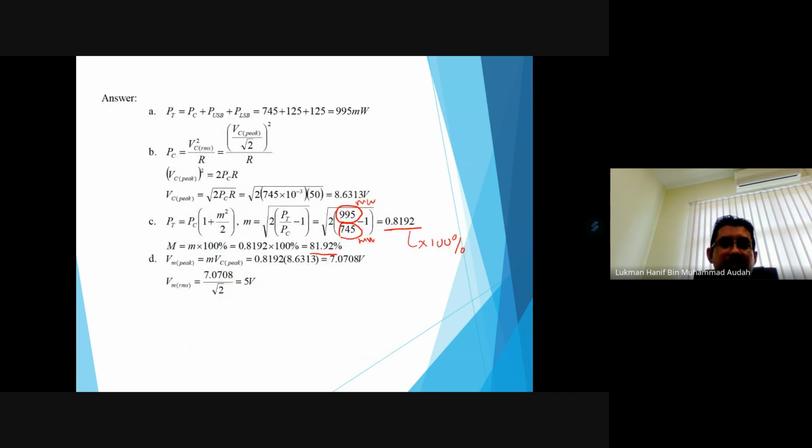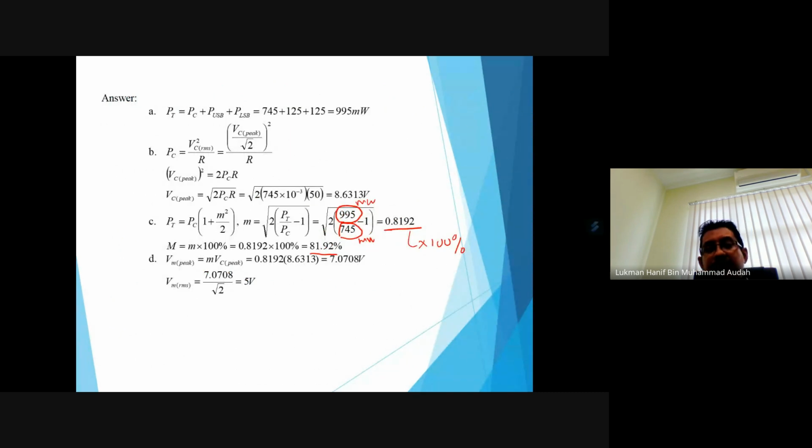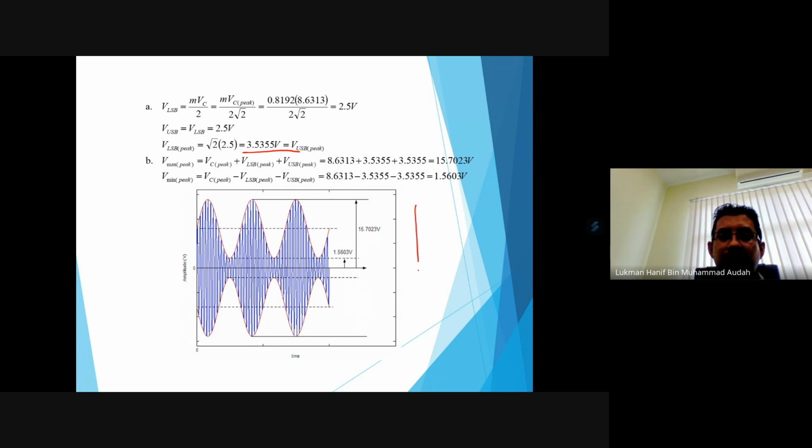Okay, and then what? Sketch the waveform that you can see with an oscilloscope if it were placed in parallel with a spectrum analyzer. So the question asks you to draw the waveform. How to draw the waveform? As I taught you before, you draw the axis and then draw the imaginary line, upper and lower like this.